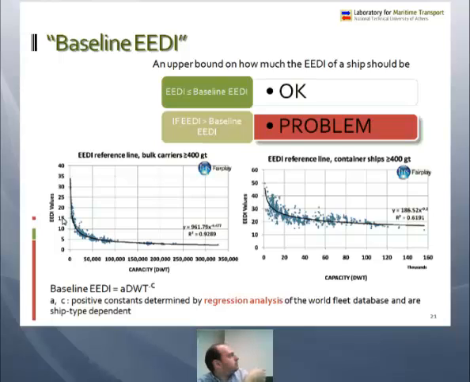If your EEDI is below that baseline EEDI, then it's okay. If not, you have a problem. Right now there are some limits which will change, and we will have this baseline going down and down, so we have more strict rules regarding EEDI.